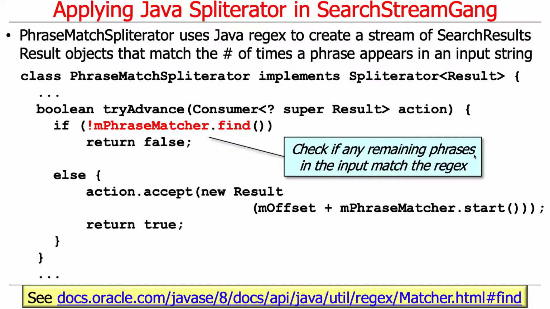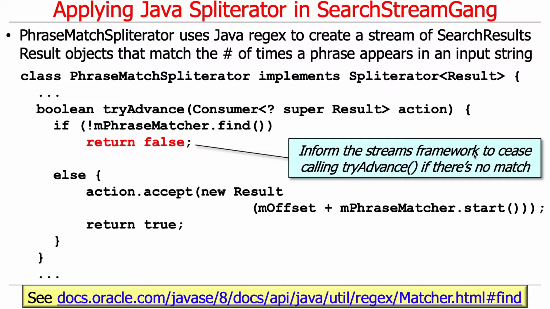And it'll also stash away internally where the match occurred. We'll see how that works in a second. So if find returns true, that means it found a match. If we negate that, negating true returns false. So if it didn't find a match, we return false. And that basically says we're done.